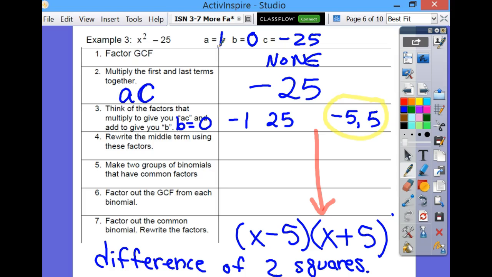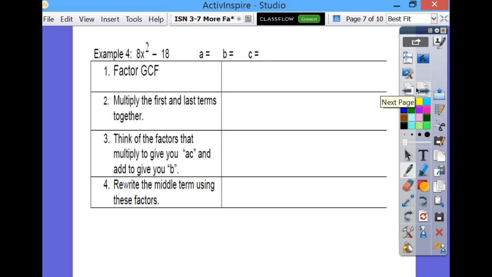What's the square root of 1? 1. What's the square root of 25? 5. It's also a perfect square number. So this right here is a difference because it subtracts, and this is a perfect square number, and this is a perfect square number. And so the difference of two squares will always have this plus minus pattern.